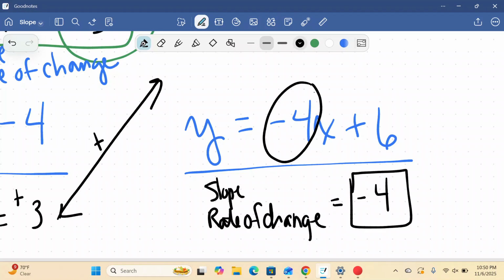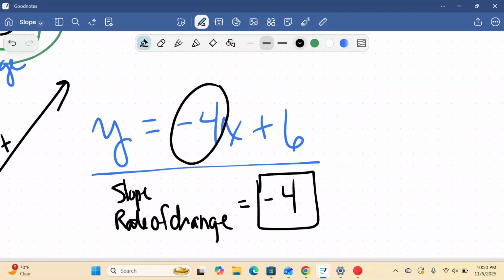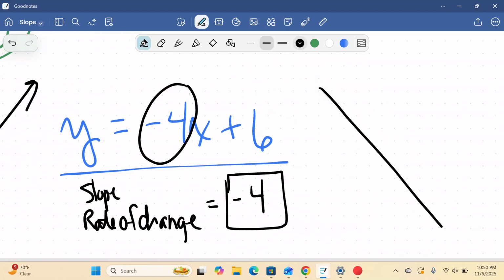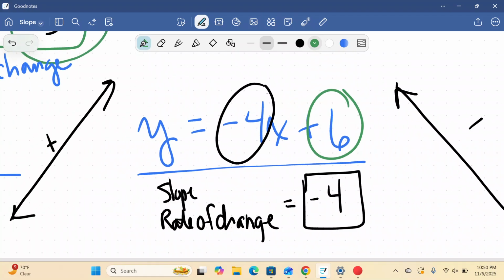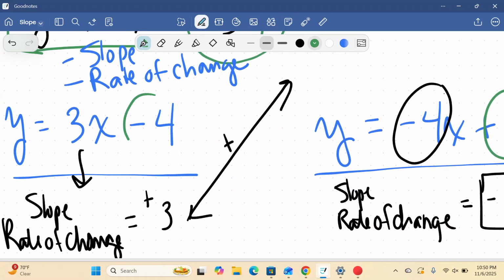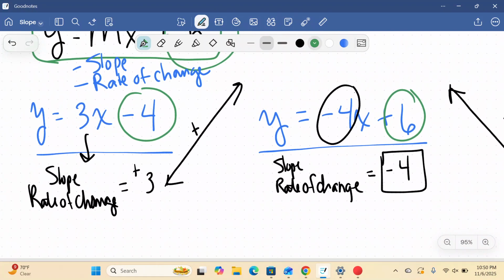So we have our rate of change or slope, and we know this line is going to be going down. So that is your negative slope. Of course, our y-intercept, if you look at it in green, on this equation is a 6. And then our y-intercept in this equation, which is y equals mx plus b, is a negative 4. So that is pretty much just a brief synopsis of what slope is.